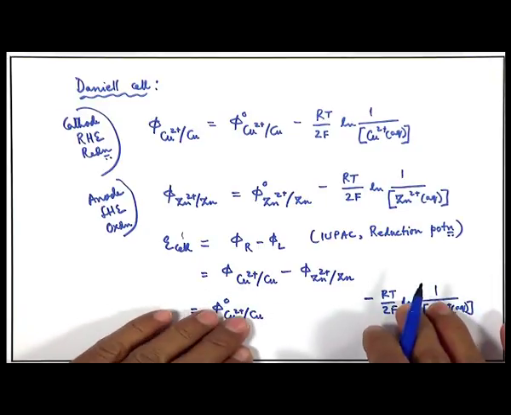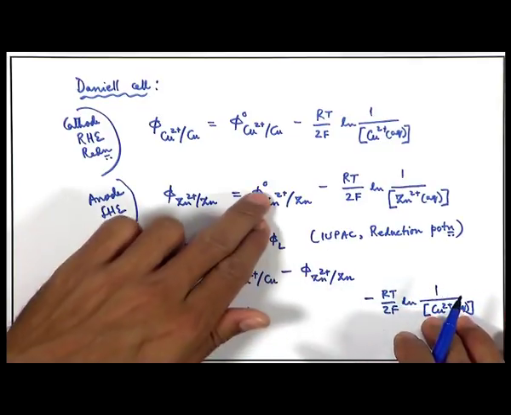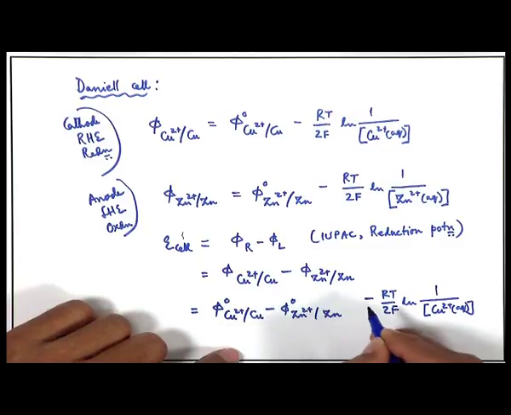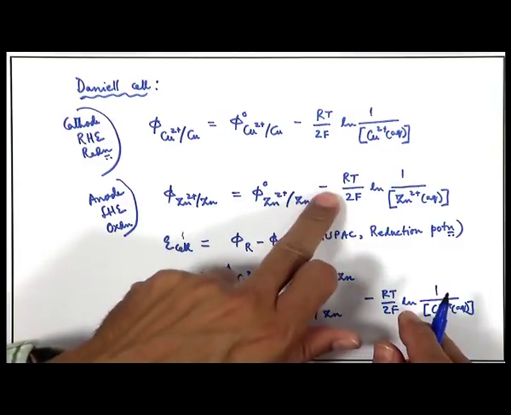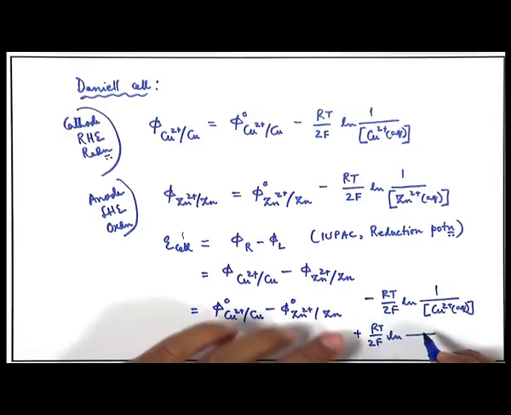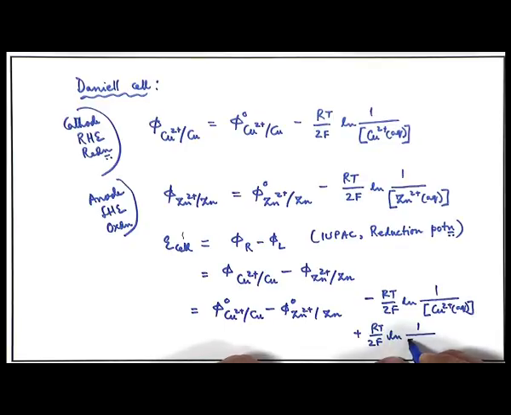So, this gives you this one minus this one, minus phi naught zinc 2 plus zinc. And then minus means this will be plus. So, plus RT by 2F ln 1 by zinc 2 plus aqueous.